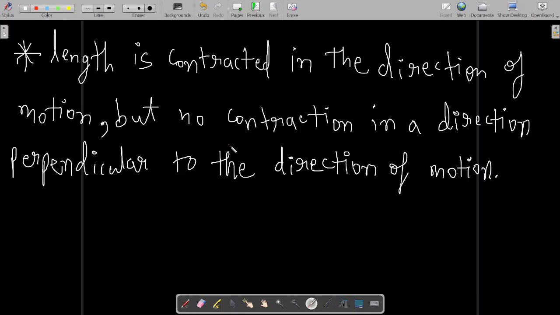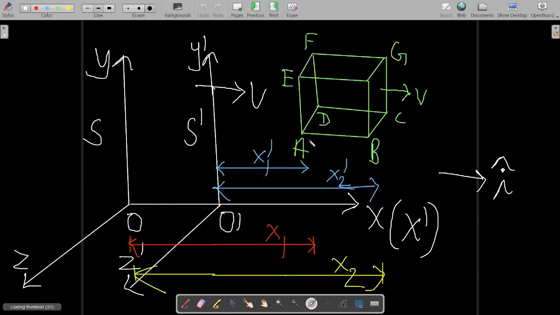So what is the thing? Length is contracted in this direction. Let me mark the AE axis, DF axis and CG axis, and suppose this is point H. AB will contract, DC will contract, FG will contract, EH will contract because they are in the direction of motion.